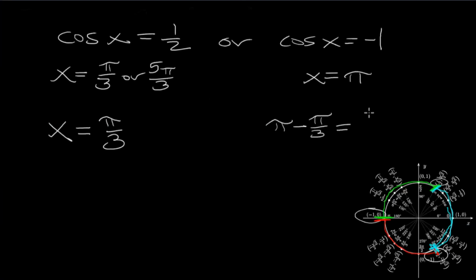Well, that's like 3 pi/3 minus pi/3, which is 2 pi/3. So that's the amount I need to add each time to get from this angle out to this one, and then from this one to this one, and then from this one back to this one.